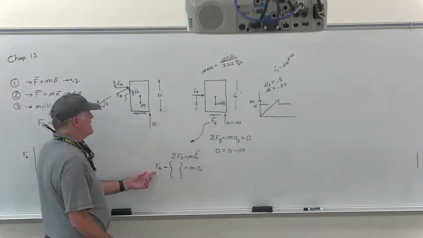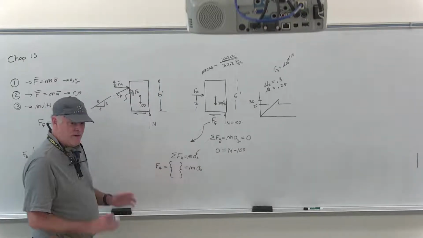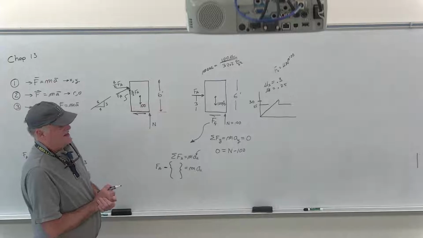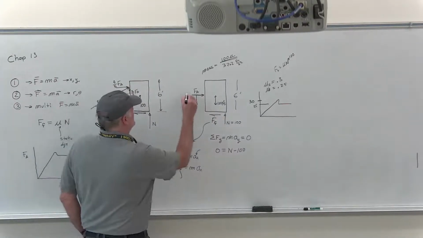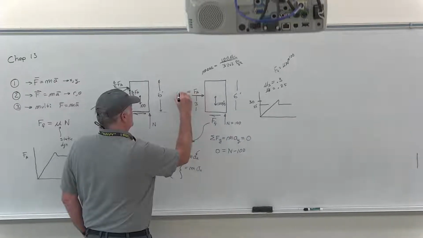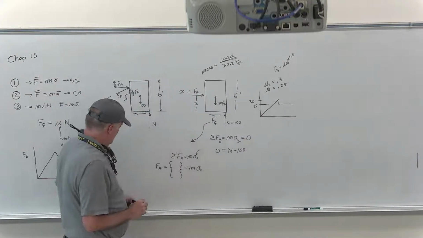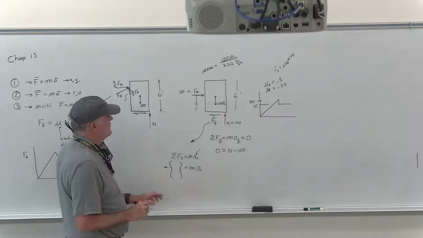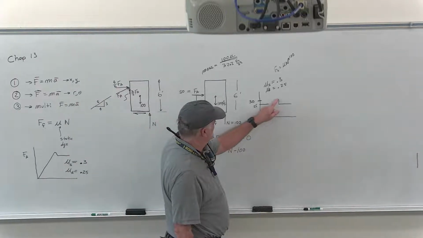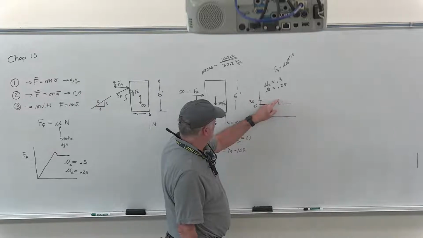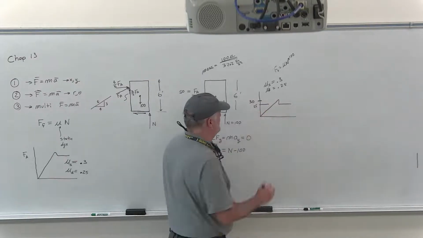So I haven't said anything yet, and probably if I push something, maybe I could push it at 50 pounds. So let's say I pushed it at 50 pounds. The first thing you'd know is I would start, push it up here, and then pop, it would break free. But once it broke free, it started moving.